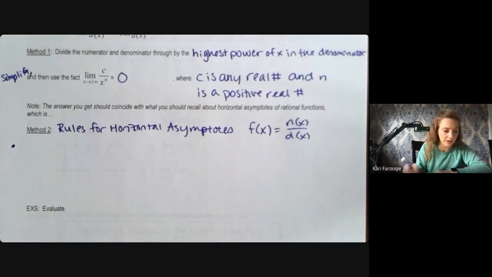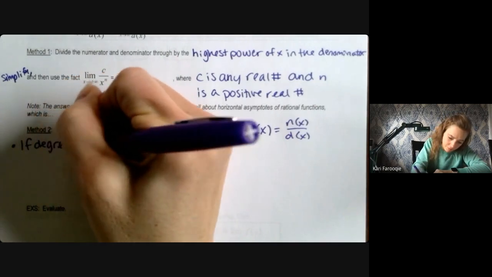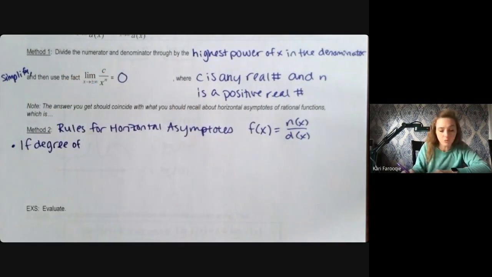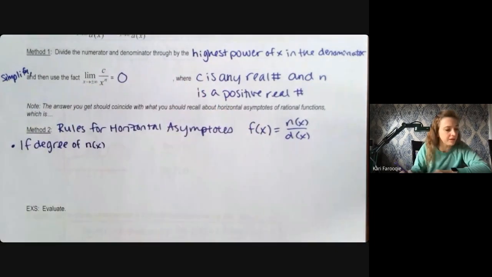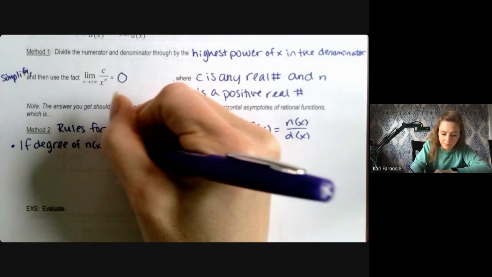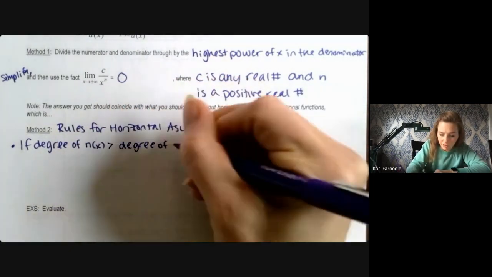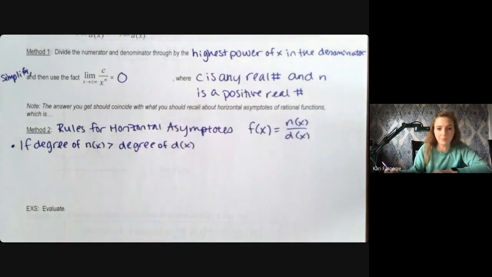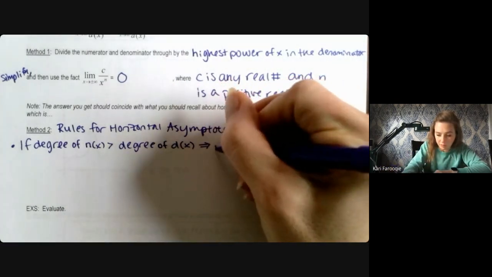So the first thing is if the degree of the numerator, we'll call it n of x, since we have it written like that, is greater than the degree of your denominator, d of x, then y approaches plus or minus infinity and you have no horizontal asymptote.